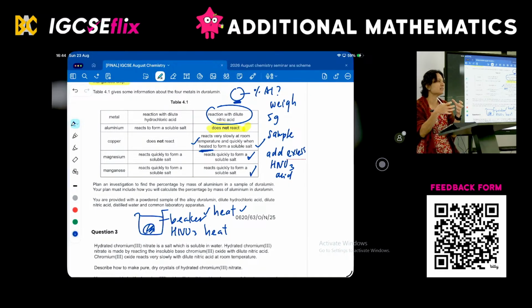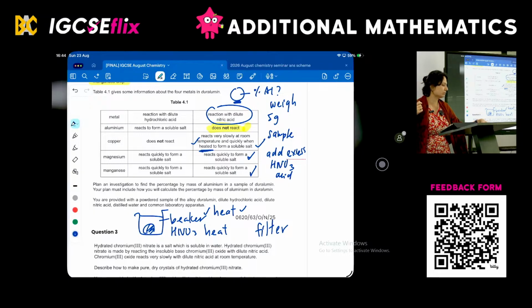What's left inside? Only aluminium. Do I use my hand to take out the aluminium? No, what do I do? Filter. And after I filter, is my aluminium dirty or clean? Dirty, because it's full of acid. So I need to rinse, dry, and then weigh. That's it. Okay?